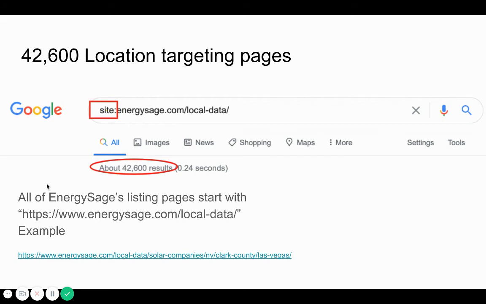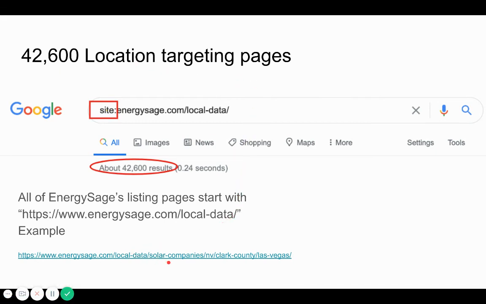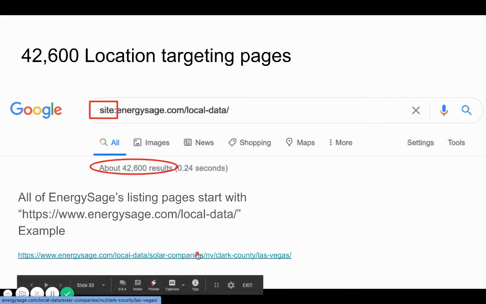Another thing they are doing extremely well is location targeting pages. They have 42,000 location targeting pages. Those pages include states, counties, and cities.